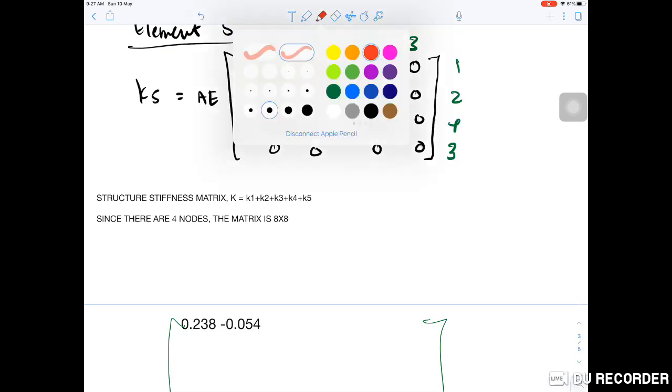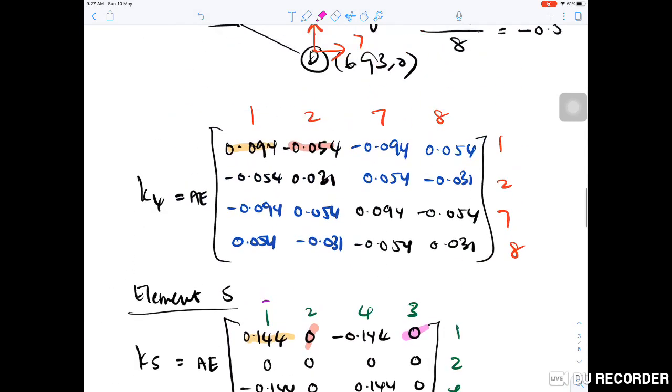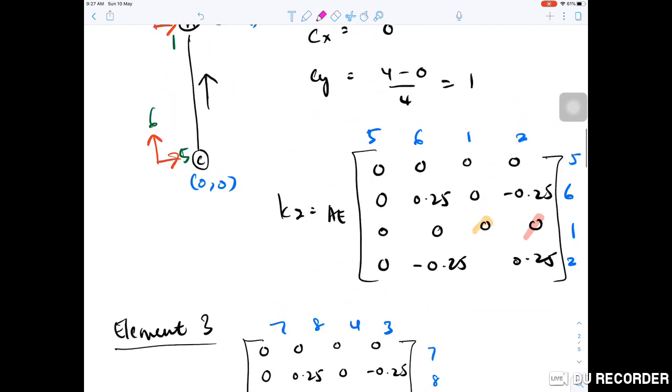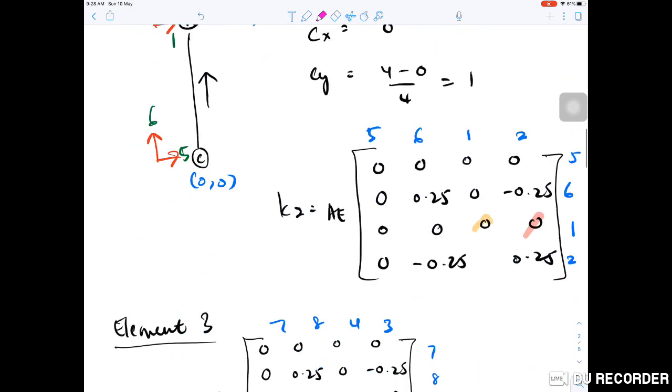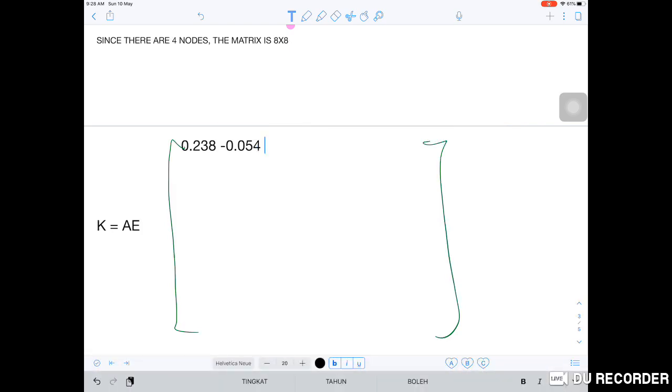Where is 1 3? No 1 3 anywhere, so the value is 0.